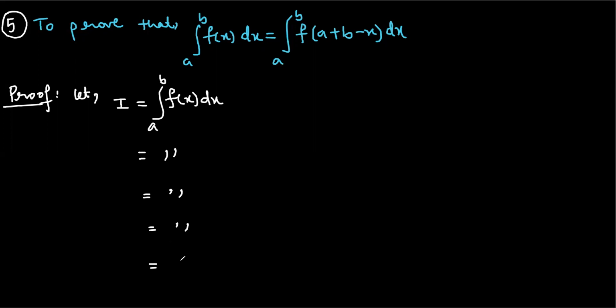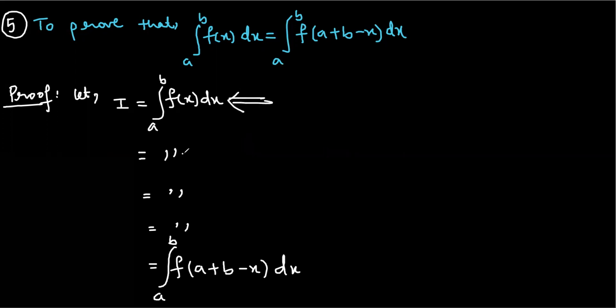And finally, at one point in time, I would be saying my theory is over if I get integral a to b f of a plus b minus x dx. So I begin with this, and I continue writing, and then at one point in time, I should get my RHS.